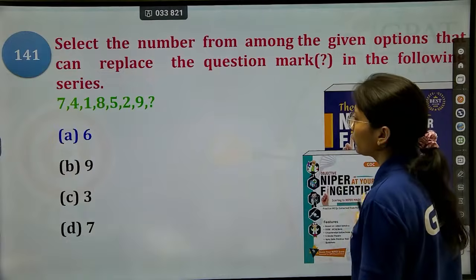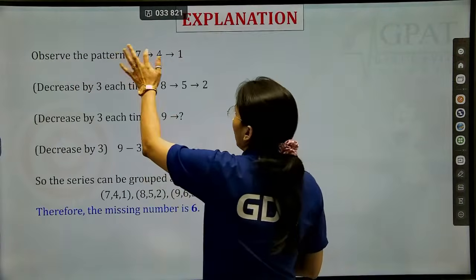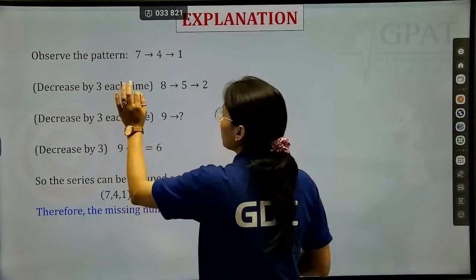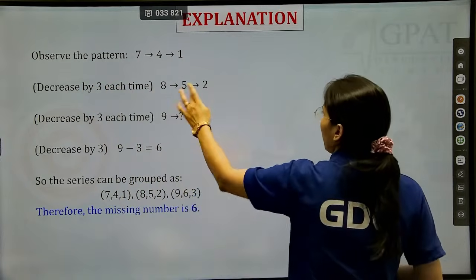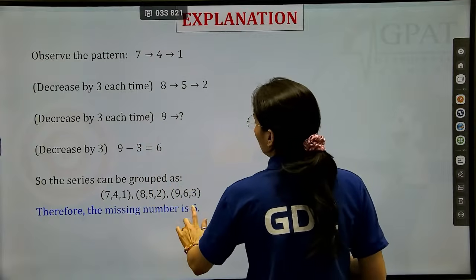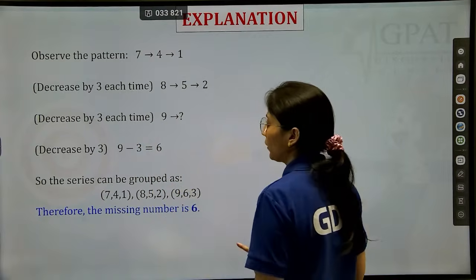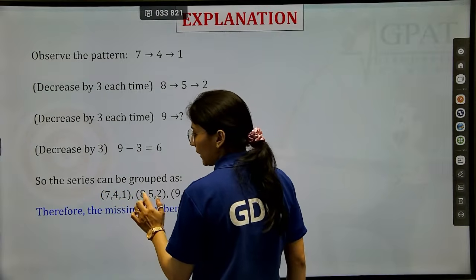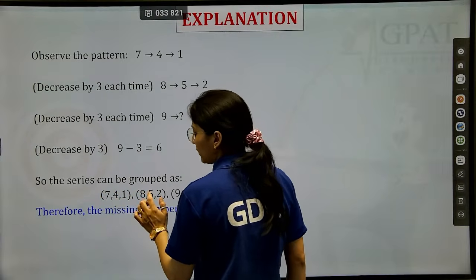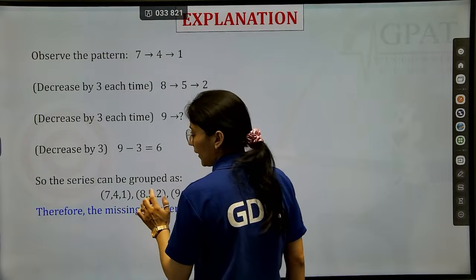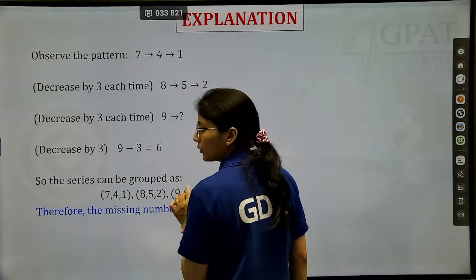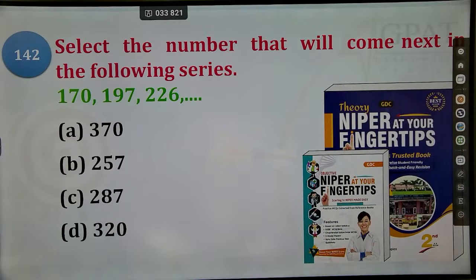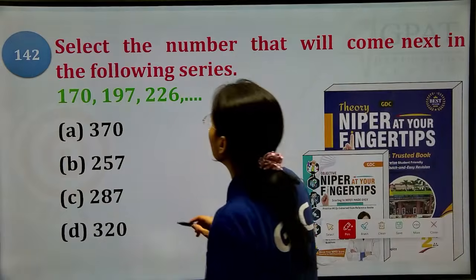If you see the pairing of 3, 7, 4, 1 decreases by 3 each time, then 8, 5, 2. So 9 minus 3 is 6, 6 minus 3 is 3. That is 9 6 3.